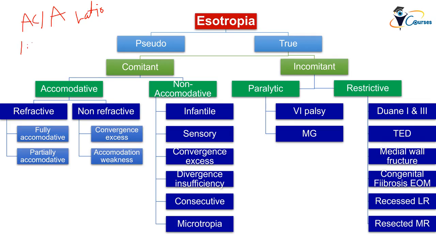It should be 3 to 1 to 5 to 1, meaning that for each 1 diopter of accommodation the patient exerts, there should be 3 to 5 prism diopters of convergence.